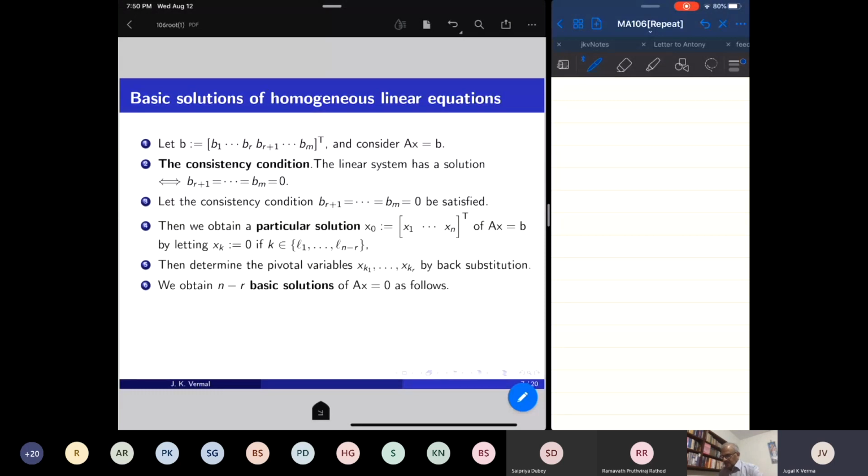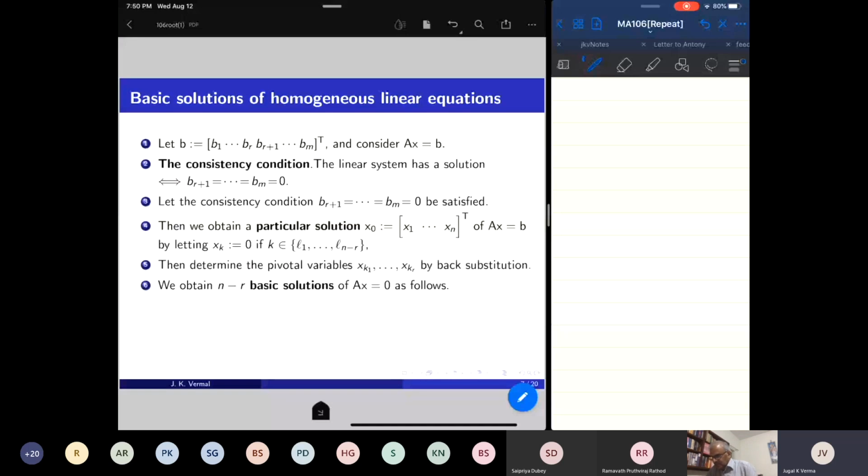So now we will look at Ax = 0, and we want to find finitely many solutions of Ax = 0 so that every solution of Ax = 0 is a linear combination of these finitely many solutions. These are called basic solutions.